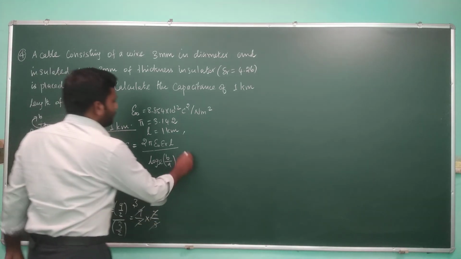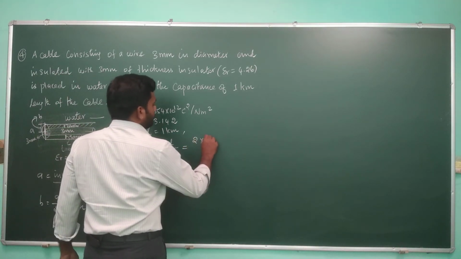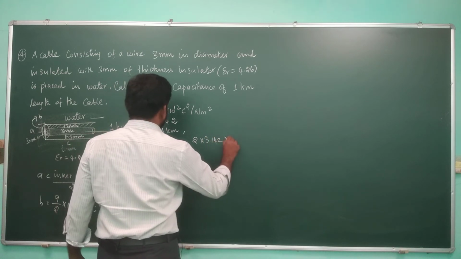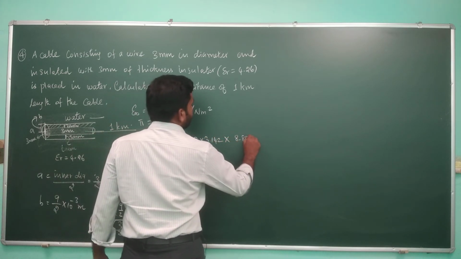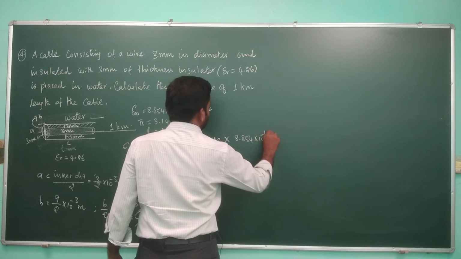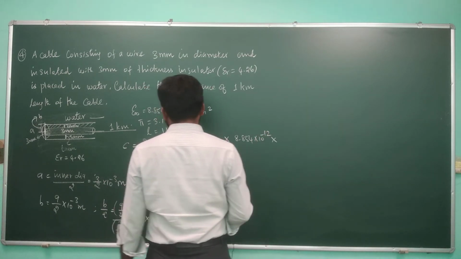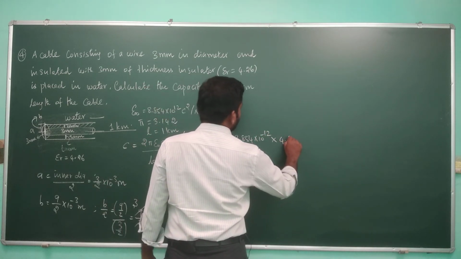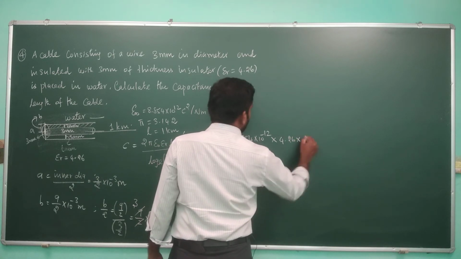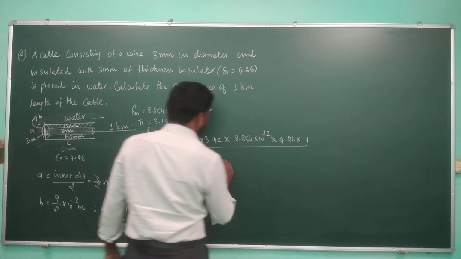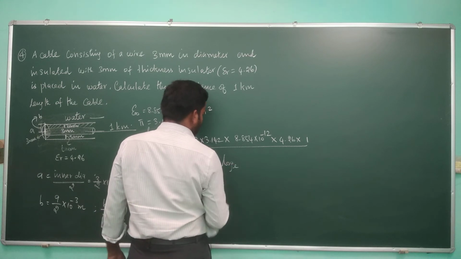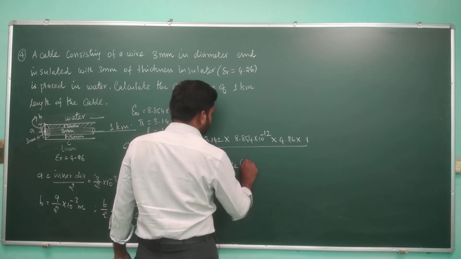So it becomes 2 into 3.142 into 8.854 into 10 power minus 12 into 4.26 into 1 divided by log base e of 3.